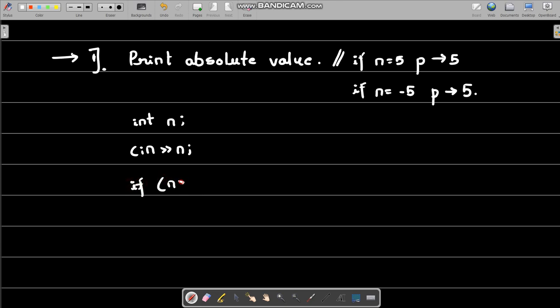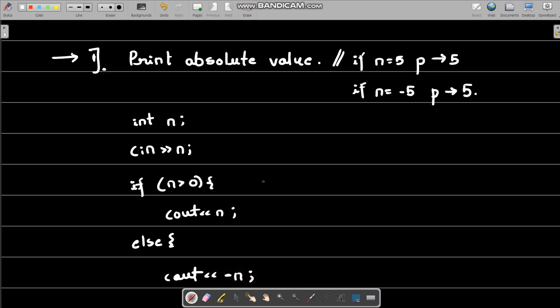So if n is greater than 0, cout n, or else, cout minus n.